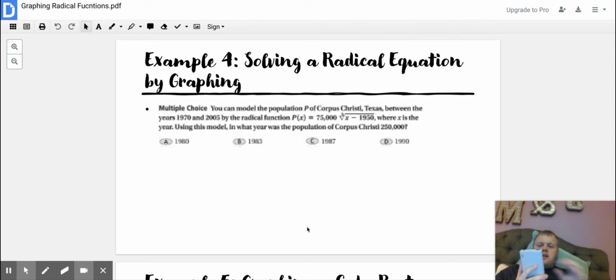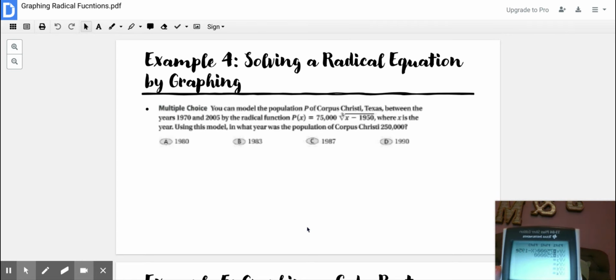Again, it's the same thing. Okay, so I'm going to raise that parentheses to the 1/3 power. And then I'm also going to do, since we're trying to find what the year was for a population of 250,000, 250,000 on a separate graph here. Okay. So again, as you can tell, I have two equations going on there.